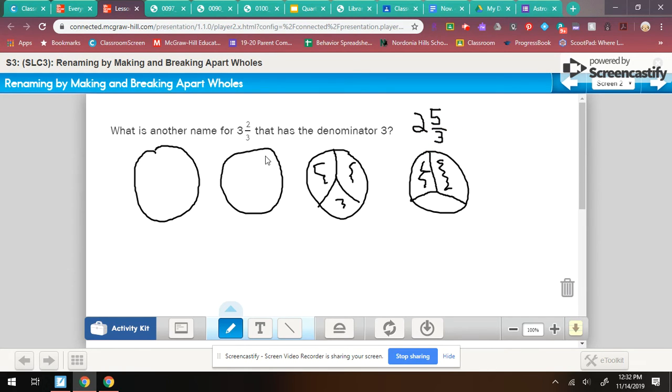Could I trade another whole in for 3/3? Well, let's try it. So now I have 3, 6, 7, 8. So I have 1 whole with 8/3.